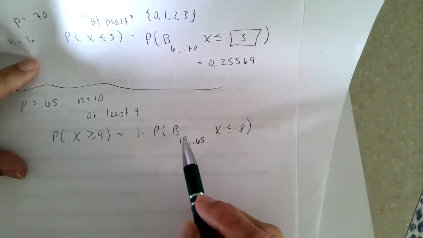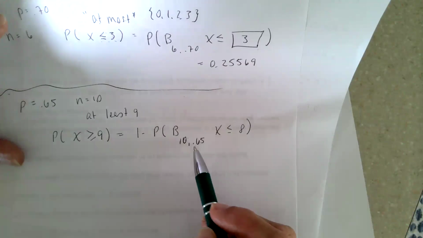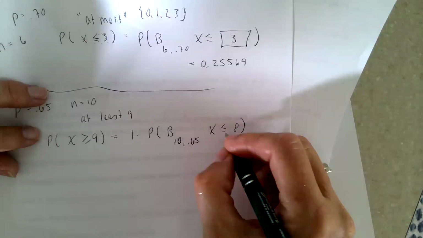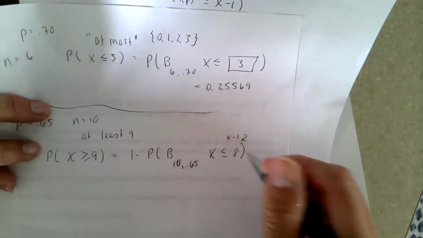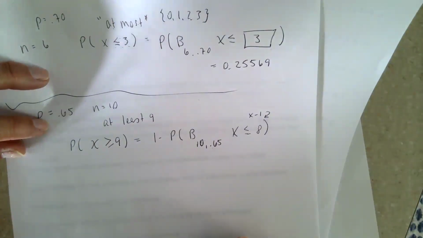So 1 minus the probability of 10, 0.65, so that's N, P, and X is less than or equal to, and then this is going to be X minus 1 right here. So that's what we're typing into ALEKS.